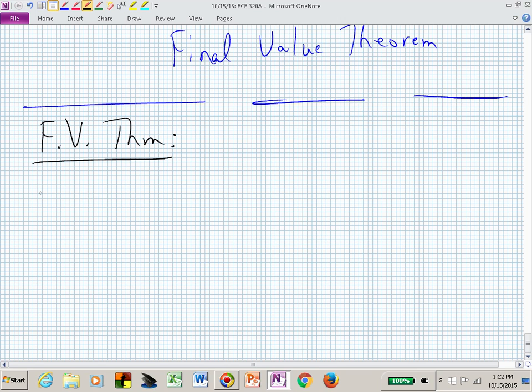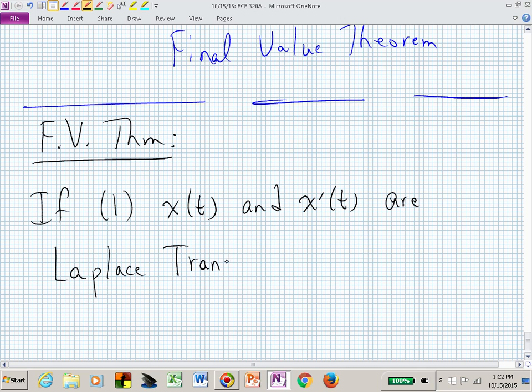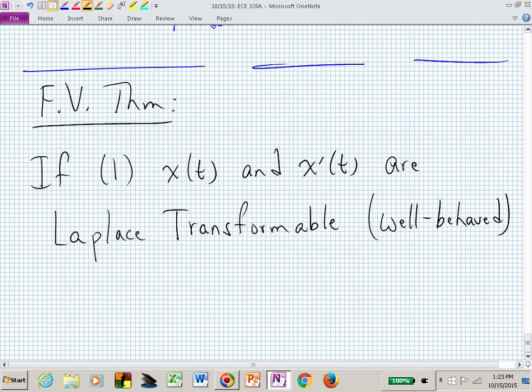Final value theorem. If we have two conditions: if the time domain waveform x of t and its derivative x prime of t are Laplace transformable, and now you could think of those x's, or your signal, as being well behaved, which is basically most practical waveforms that you're going to be playing with.